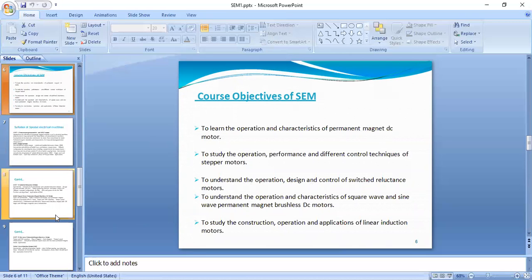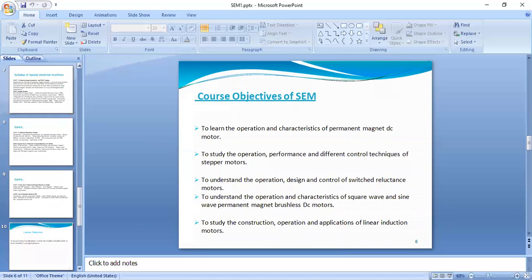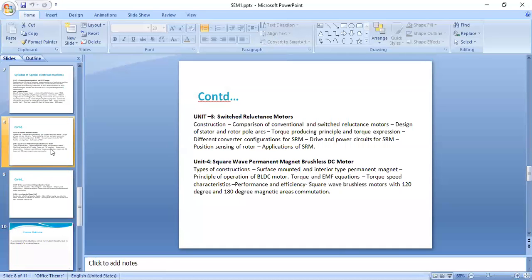And next, for unit 4 and unit 5 we have written a combined course objective. Why? Because the construction and operation are more or less the same. That's why I have written only one course objective for both units, unit 4 and unit 5. Square wave permanent magnet brushless DC motor.